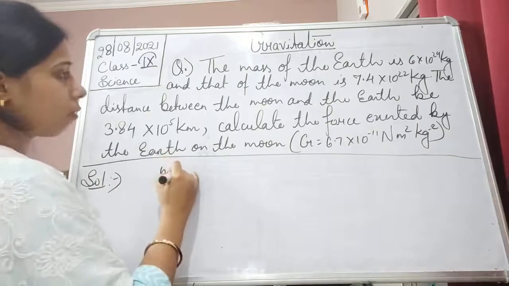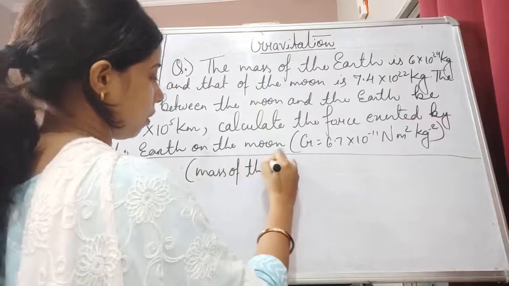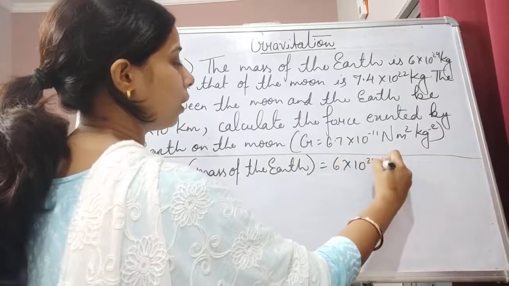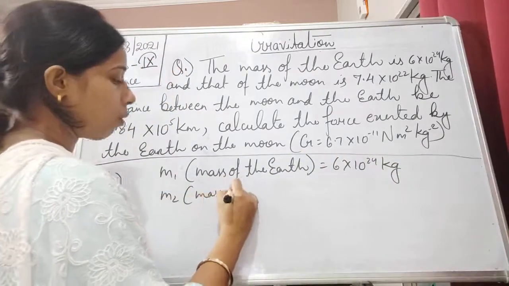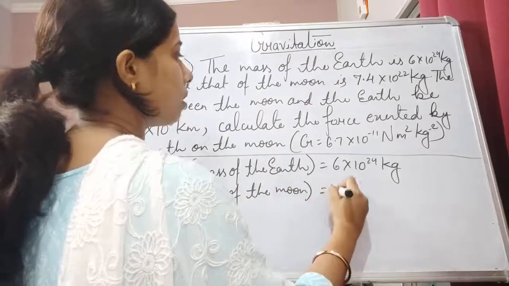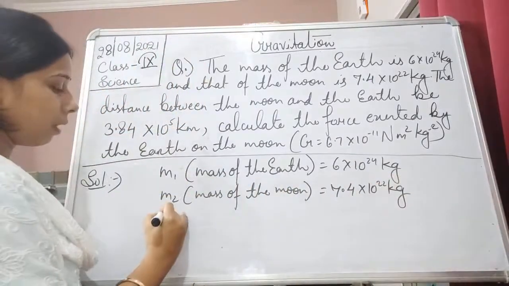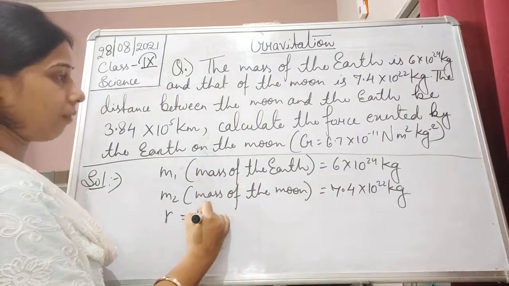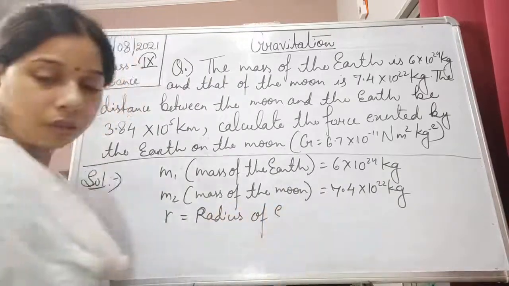So m1 is the mass of the earth, 6 into 10 the power 24 kg. Here m2 is the mass of the moon, given as 7.4 into 10 the power 22 kg, and the distance is given, that is r.